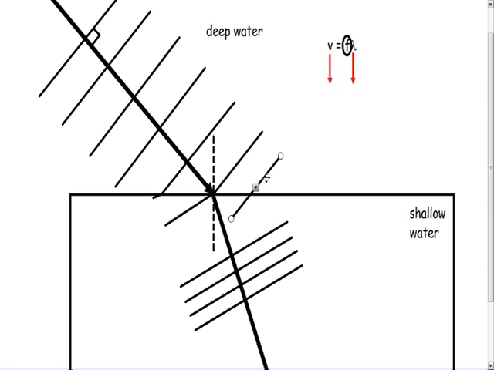And we can do one more just for the sake of completeness. And there, nice big wavelength there, and then we cut the end off that. Take that up there. And there you go. That is your refracted wave.